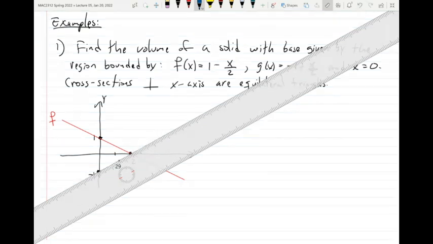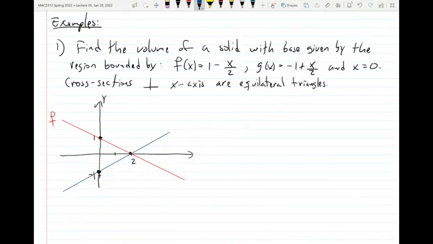I want it blue. Okay, so that's G. That's the line G, and then the region is also bounded by the line x equals 0, that's the y-axis. Okay, so we're talking about this triangle right here. This is the base of our solid.